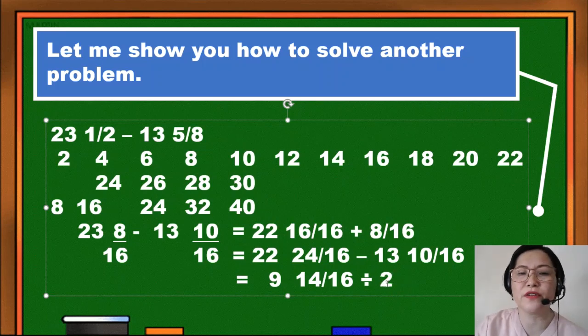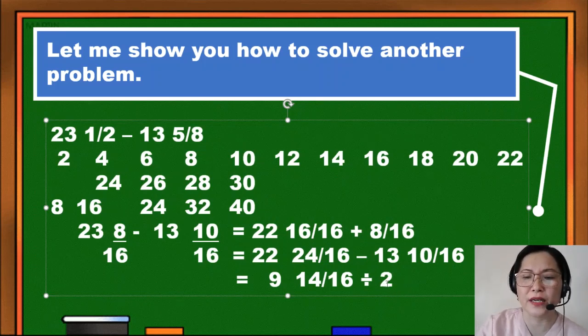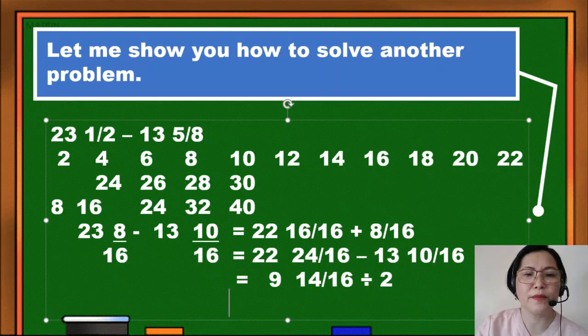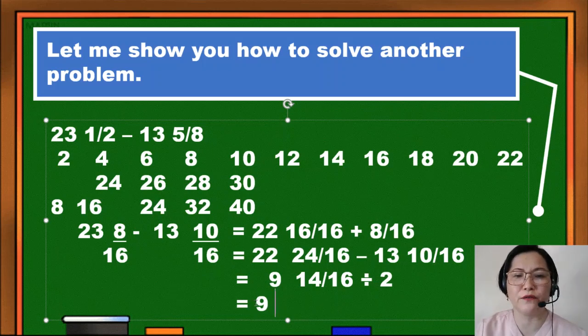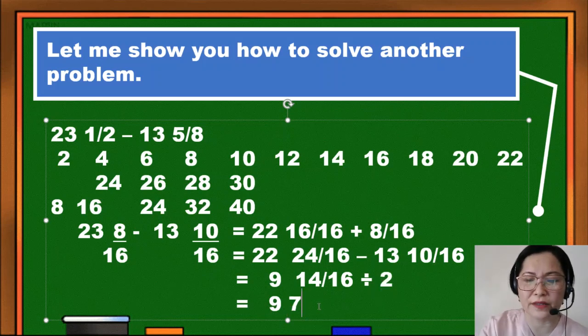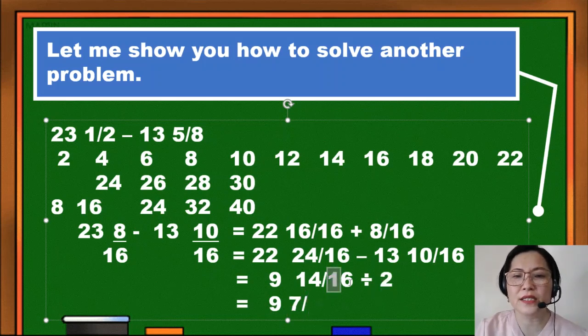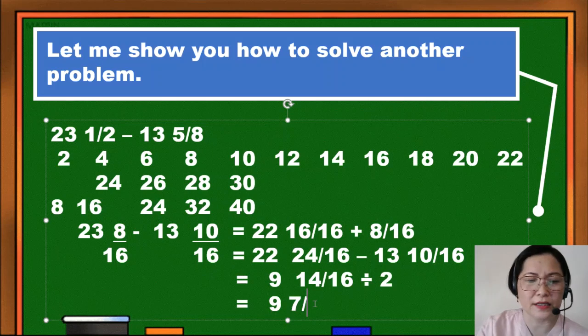So you will divide 14 and 16 by 2. And remember, you will just write the whole number 9 before you divide 14 and 16. 14 divided by 2 is 7, while 16 divided by 2 is 8.